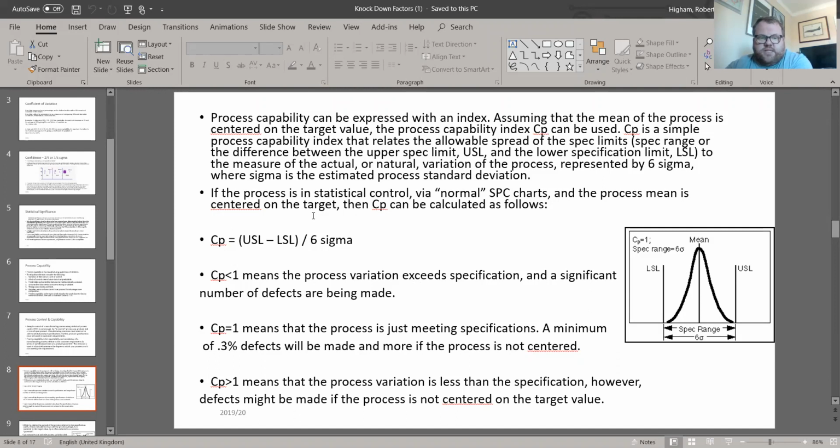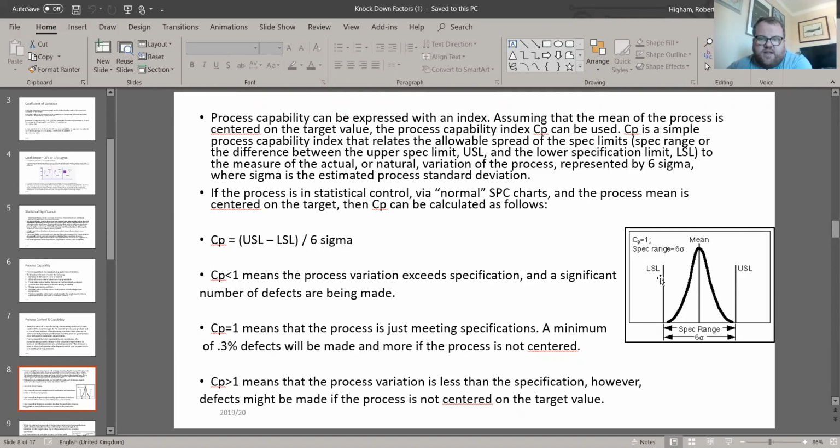So if the process is in control by a normal SPC chart, then this process mean is centered. So the centered Cp is the upper spec limit, if we have one. And there's a reason why we might not have an upper spec limit. Many reasons why. Materials data, we don't often have an upper spec limit unless it's a measurable thing like a chemistry.